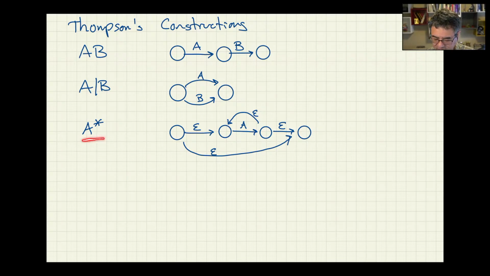And then finally, if you're using the star operator, it's drawn like this. You've got 4 epsilon transitions, and then that one sub-expression there in the middle. So keep those in mind as we do the examples on the next pages.